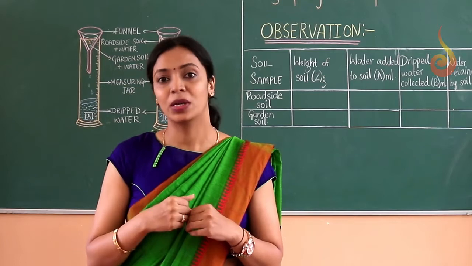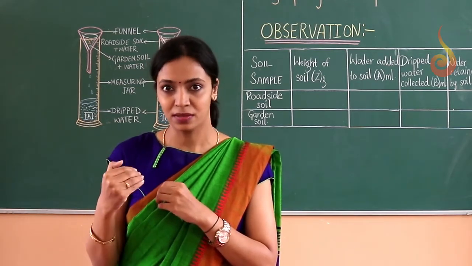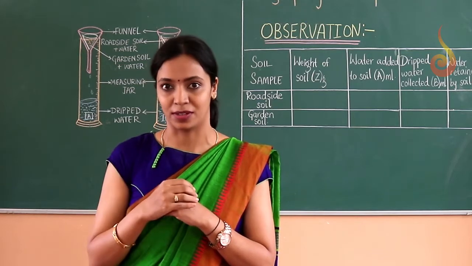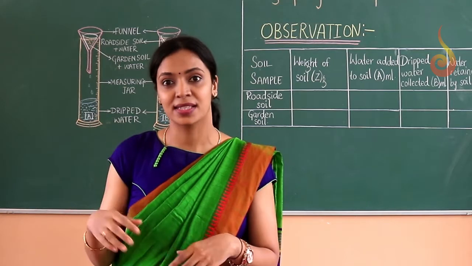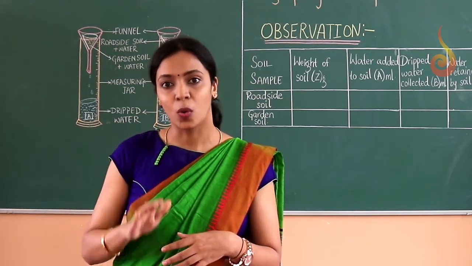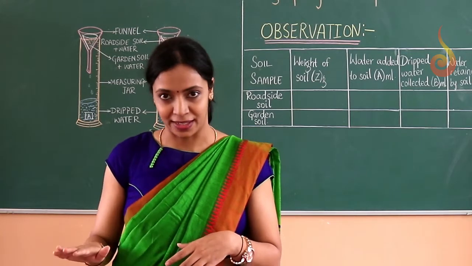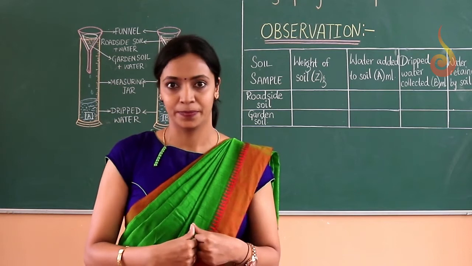Therefore, clay will be better able to hold on to water particles within the spaces between the soil particles. As a result, because clay has better ability to hold on to water particles, the water holding capacity of clay is said to be greater than the water holding capacity of sand.